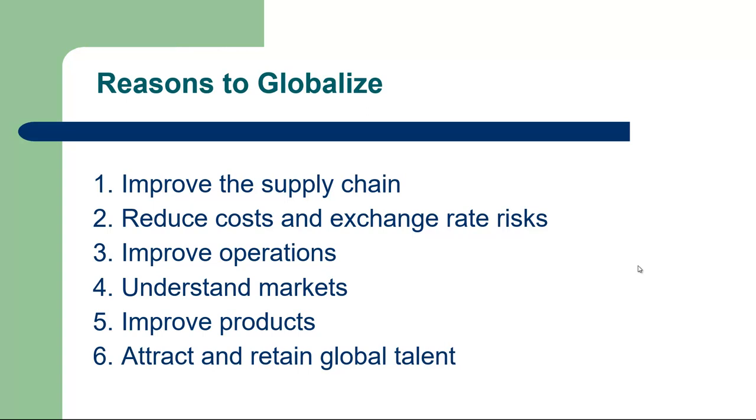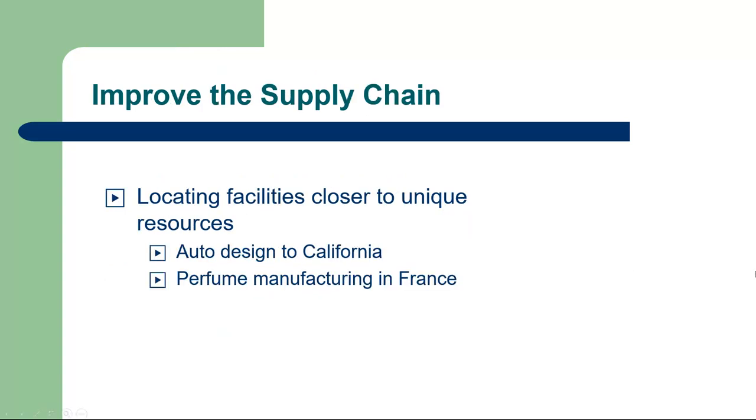The tangible reasons are reducing cost of labor and taxes, the ability to improve the supply chain by finding different partnering facilities in different locations around the globe, and the ability to provide better goods and services. The intangible reasons are to understand the different markets, learn to improve operations, and attract and retain global talent.